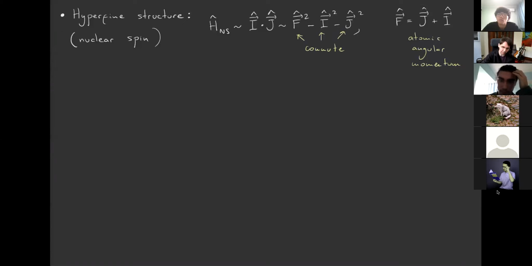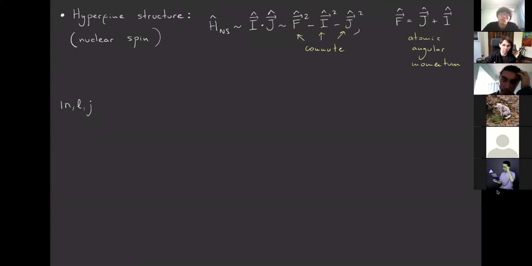which means that we can use the quantum numbers of F square as labels for the energy eigenstates and keep the quantum numbers of I square and J square, okay? So this means that now the basis states will be labeled with 5 quantum numbers, which are n, l.